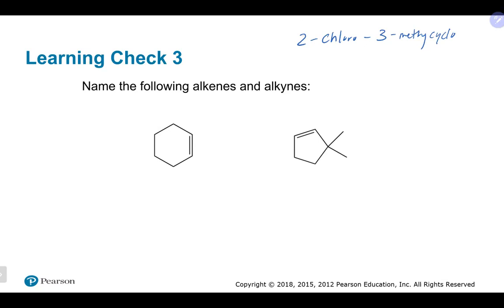Actually, I'm changing my mind here. Let's do 3-chloro-4-methyl, still cyclo something.